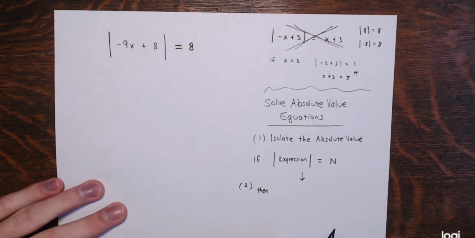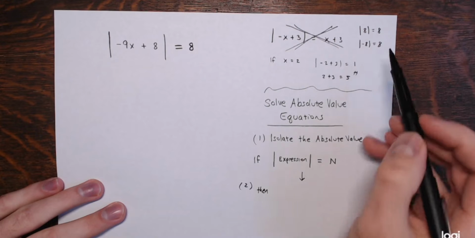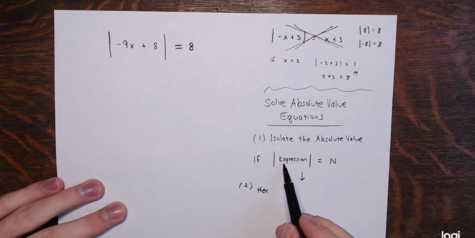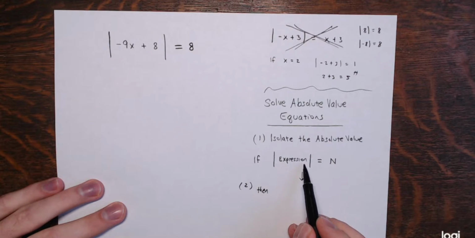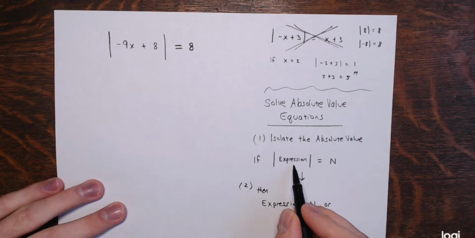It's always non-negative. So it turns positive numbers into themselves and negative numbers into their opposites, back to a positive number. So we're going to say that the absolute value of some expression is equal to n if that expression is n itself, or if that expression is the opposite of n.